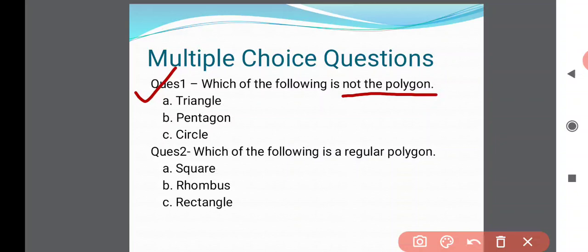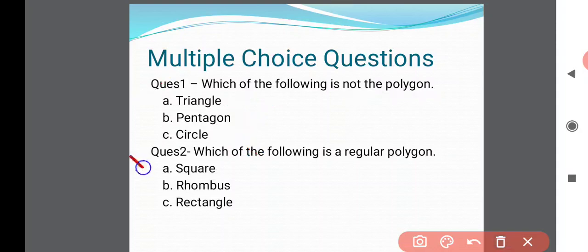What was the polygon? Many sides, a figure made up of many line segments. Triangle, yes, it is a polygon. Pentagon, yes, it is a polygon. What about the circle? No, it is made up of curved lines.